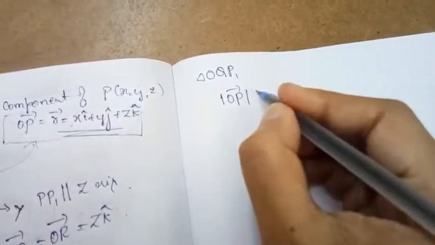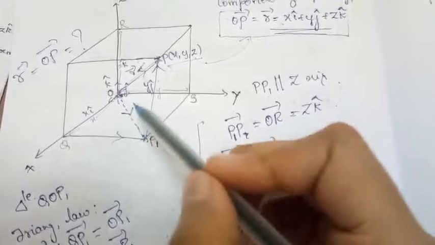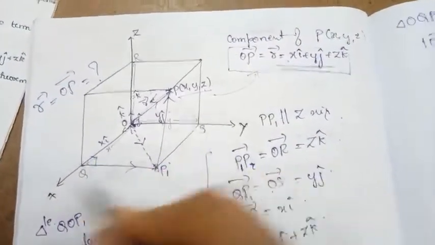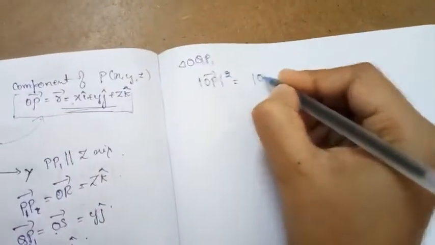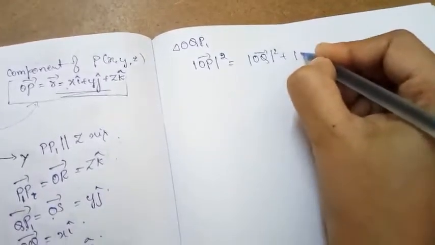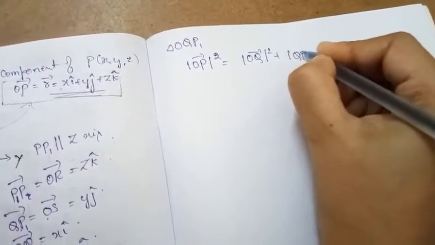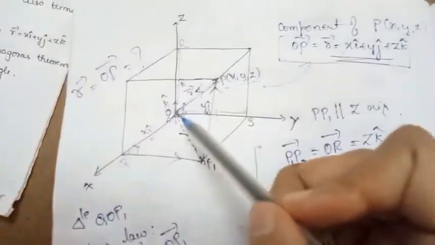In triangle OQP1, the magnitude of vector OP1 square, this is our hypotenuse, because this is our right angle here, is equal to magnitude of vector OQ square plus magnitude of vector QP1 square. So what is our OQ?